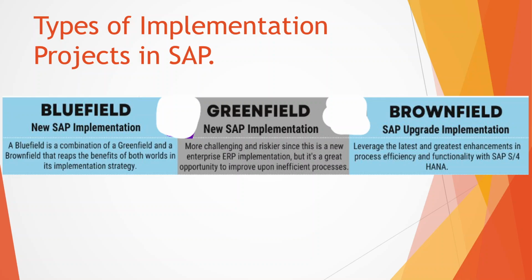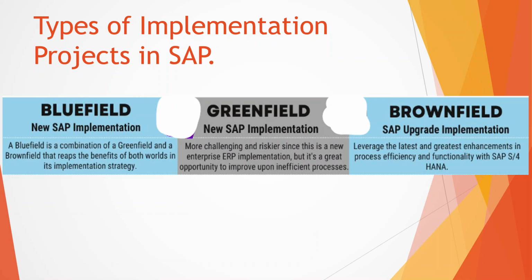Brownfield implementation basically leverages the latest and greatest enhancements in process efficiency and functionality with the S4 HANA system. That simply means suppose you are already running on the ECC system, maybe EHP 7 or 8, and you are planning to upgrade to the S4 HANA system.